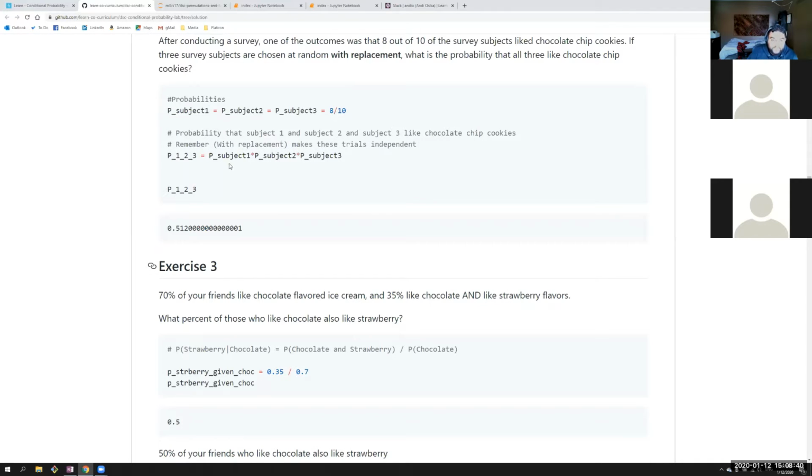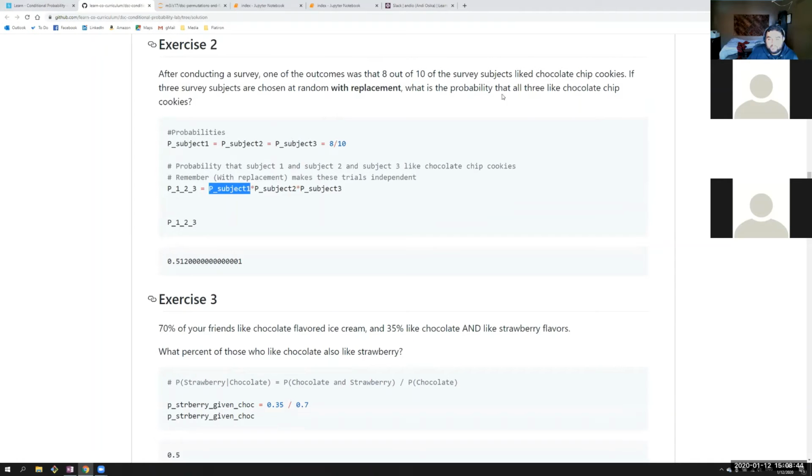Replacement means that you're putting back the original value that you picked. So in the first round, the question says if 3 subjects are chosen at random, what is the probability that all 3 like them? You choose the first subject from a pool of 10, with an 8 out of 10 chance.